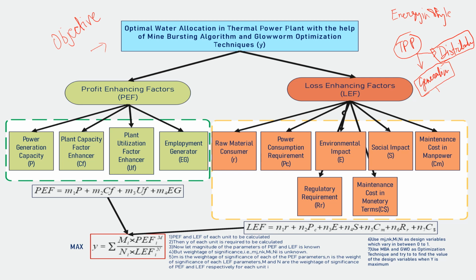So each unit has its own importance, and this importance is required to be estimated, approximated, or determined very objectively and logically, such that the most important unit's demand is satisfied first, then the next important unit will receive its water, and so on. Then only the water, whatever water is supplied to the power plant, will be distributed optimally.